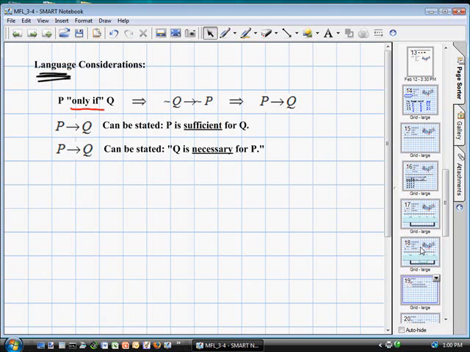And again, I could prove this to you. Well, I'm not going to prove the English part to you, but we've already seen that these two are equivalent. So lesson number 1 for language: the words only if, when placed between two statements, is the same as just putting an if-then in between the two statements.